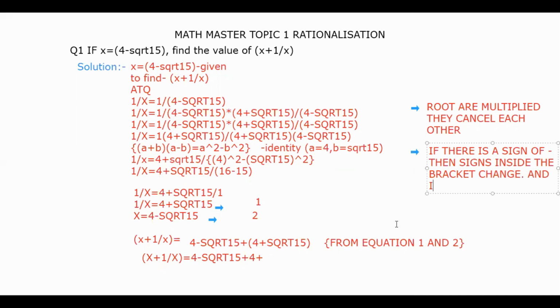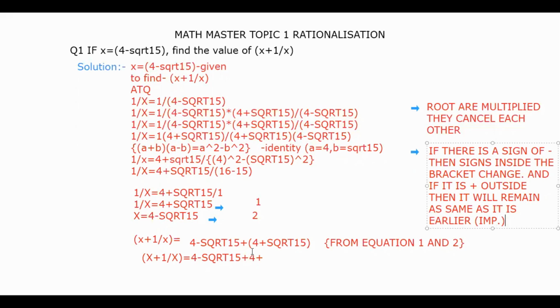And if it is a plus sign outside, then it will remain the same as it was earlier. Okay, it's a very important property. Let's mark it as important. Okay, so continue from here.